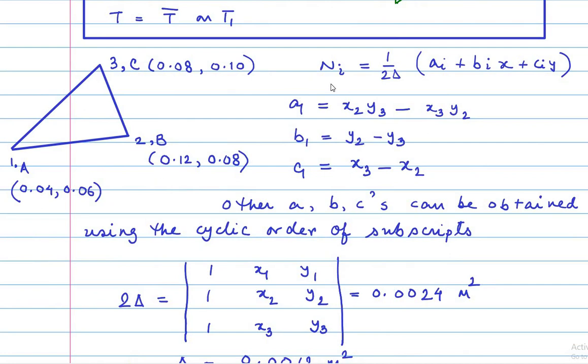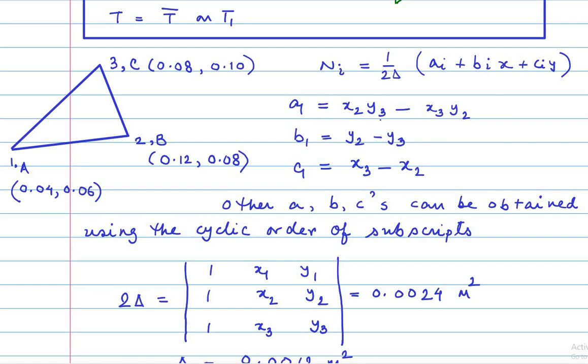And we know this is the shape function for 3-noded triangular elements, where A1, B1, C1 are this, and A2, B2, C2. Here i is equal to 1, 2, 3, for N1, N2, N3. So there is A1, B1, C1, A2, B2, C2, A3, B3, C3.